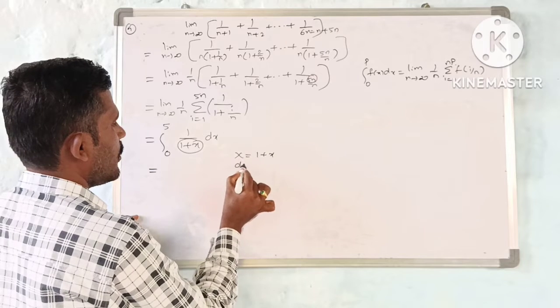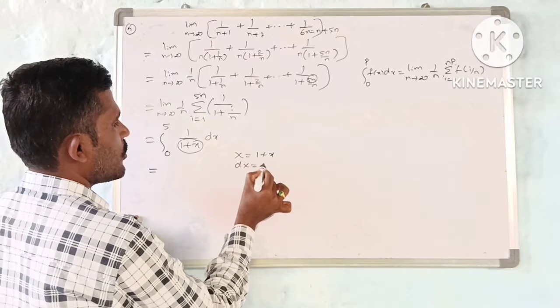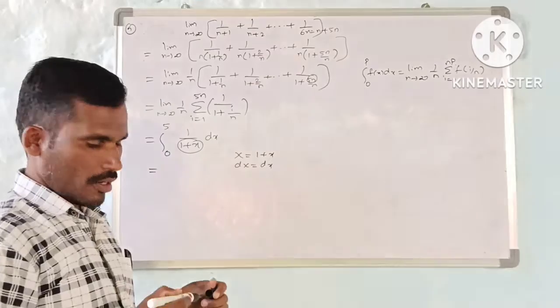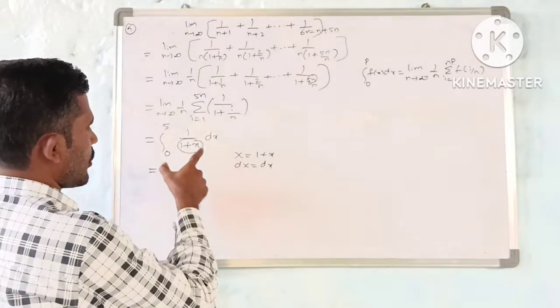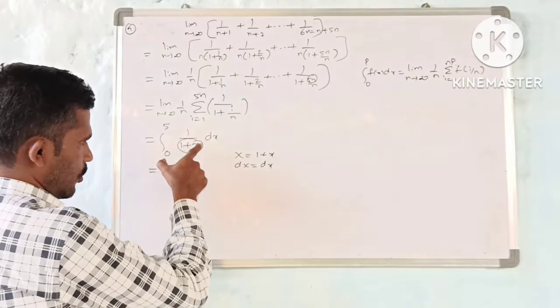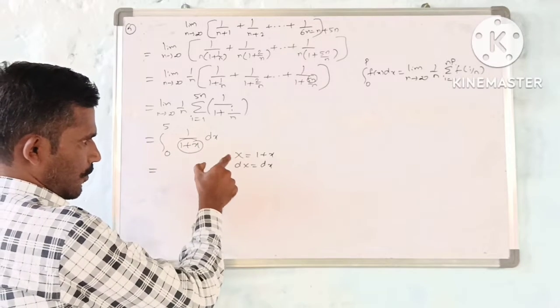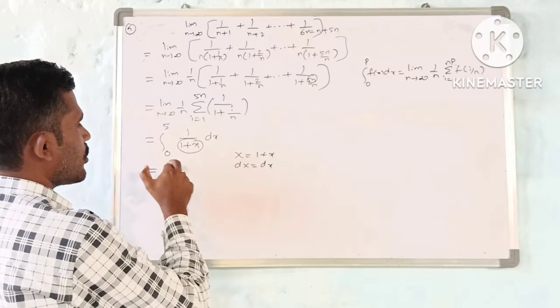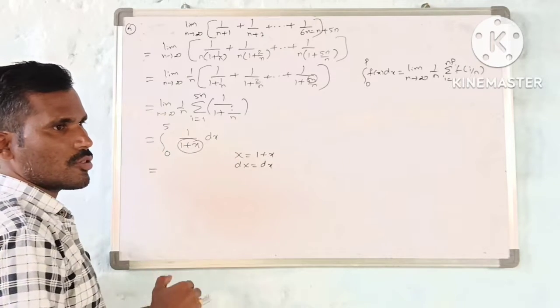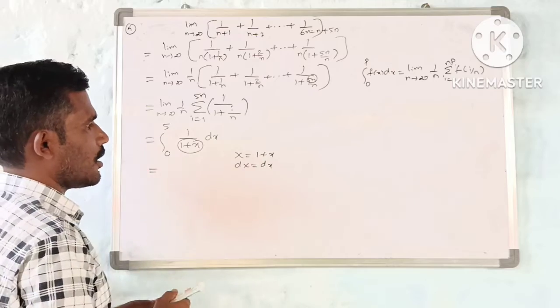When I differentiate, dX is equal to dx, since the derivative of 1 is 0 and the derivative of x is dx. And after that you have to change the limits also, because I am taking the whole thing in terms of capital X. When I change into another variable, you have to change the limits also.